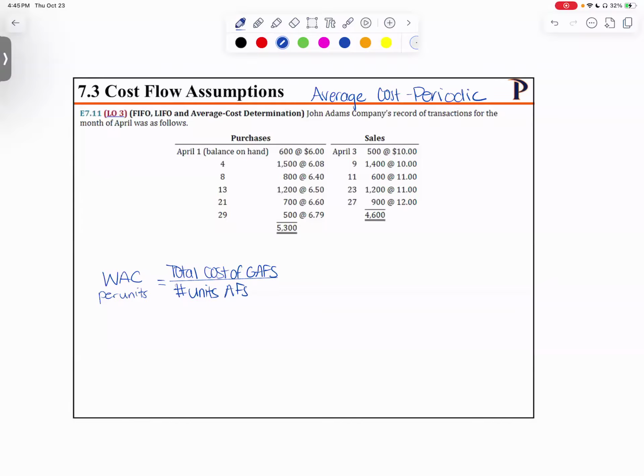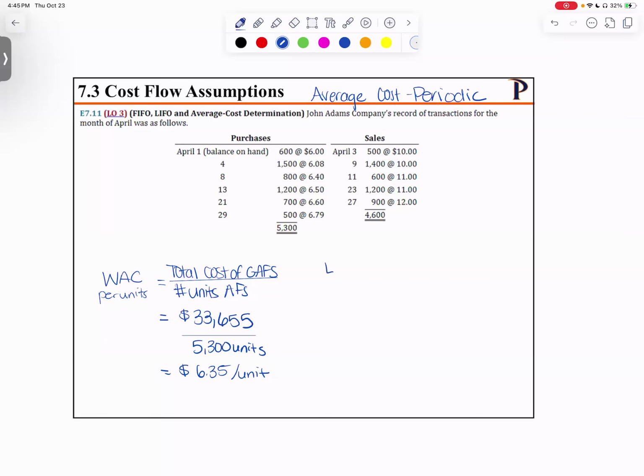Here we have a total cost of goods available for sale of 33,655, which we calculated before, and total units available for sale of 5,300. If we take 33,655 and divide it by 5,300, we get a weighted average cost equal to $6.35 per unit.